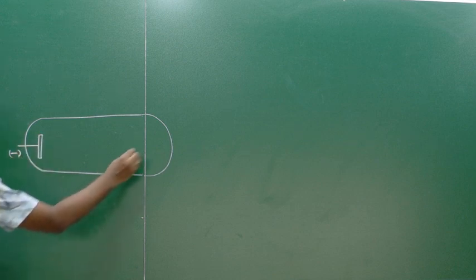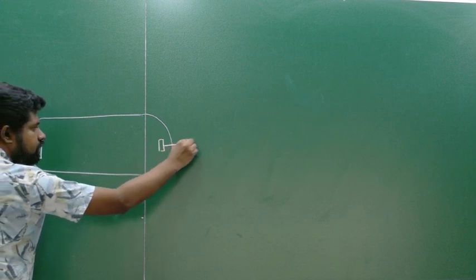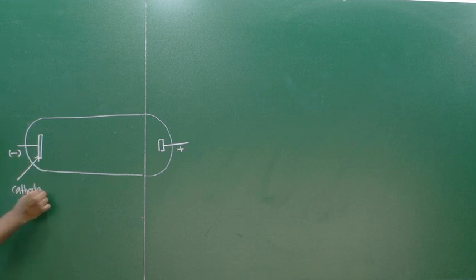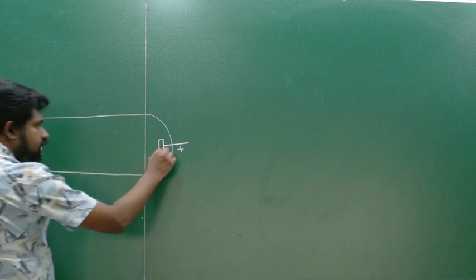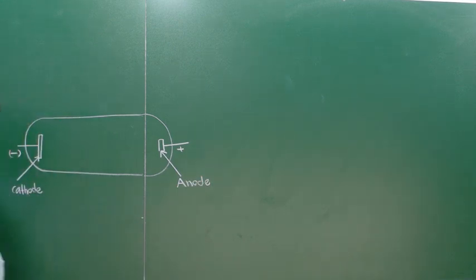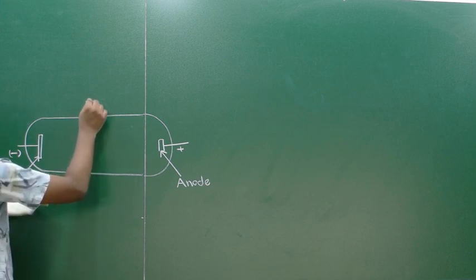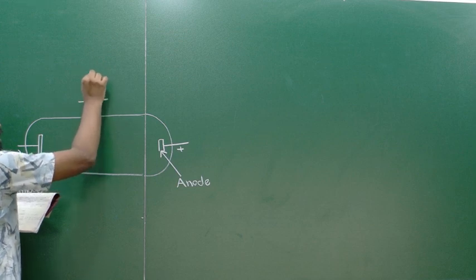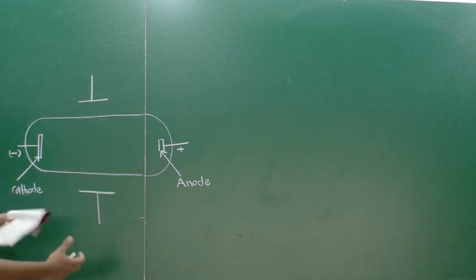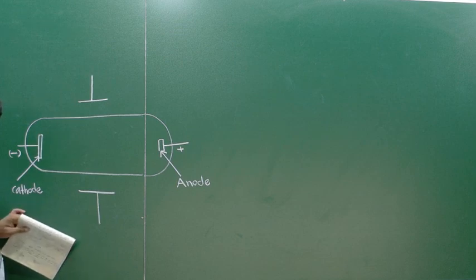Here we have the cathode, the negative terminal, and then the positive electrode, the anode. So we can mark this is the cathode, and this is the anode. What he did was place two electric plates on the two sides of the cathode ray tube, like this.